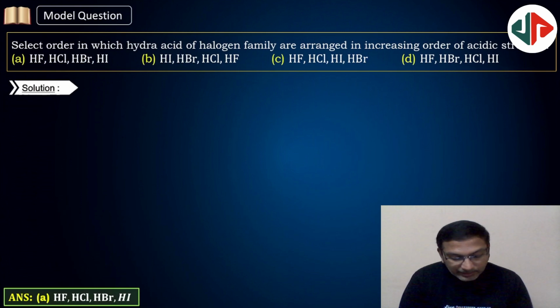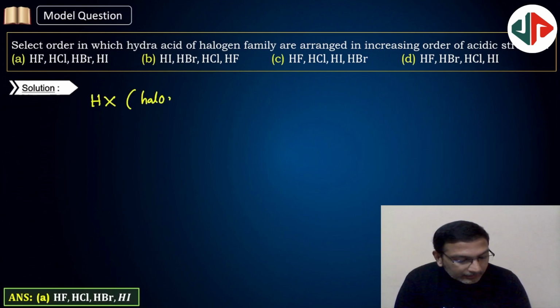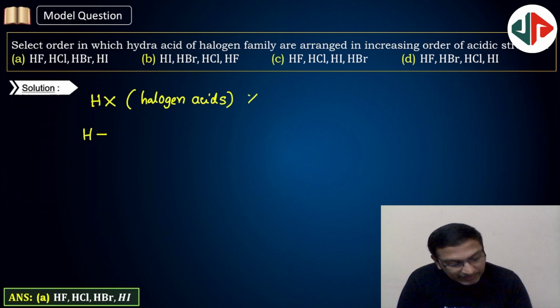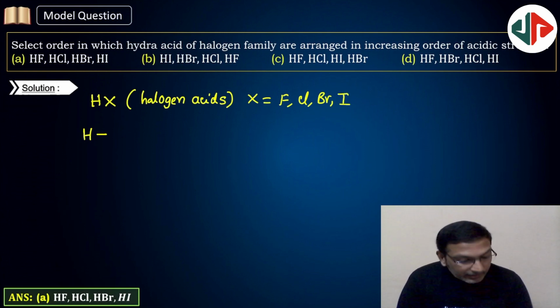Which is the correct order about increasing order of acidic strength of HX? HX is halogen acids. So here X may be F, Cl, Br and I. HF, HCl, HBr and HI.